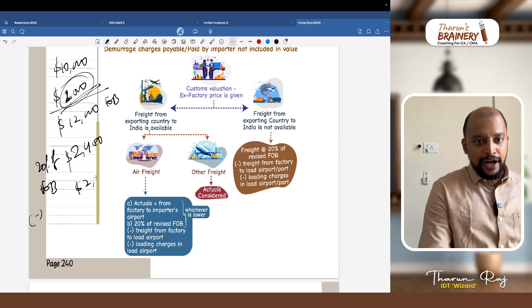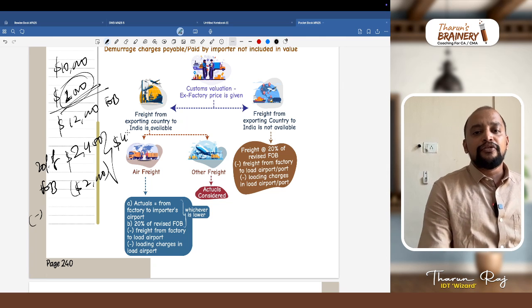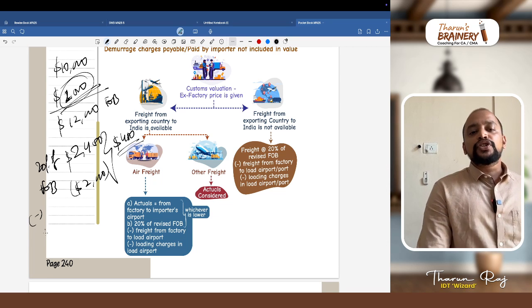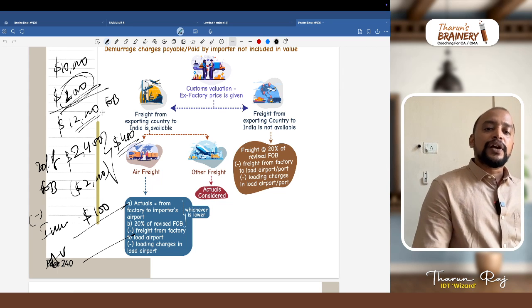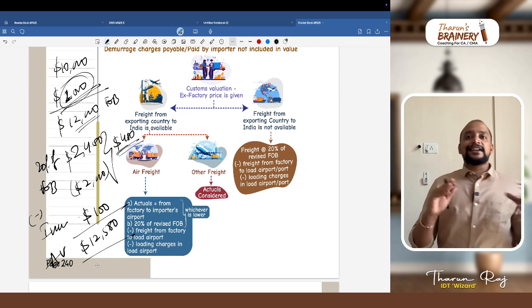So that should be reduced. So effectively we need to take only $400 as the freight. And insurance, if insurance is ascertainable, say insurance is $100, we'll take that, and that's where we will get the assessable value. That is 12,000 plus 400 plus 100, that is 12,500 will be taken as the assessable value.